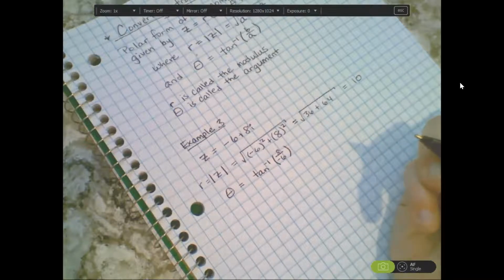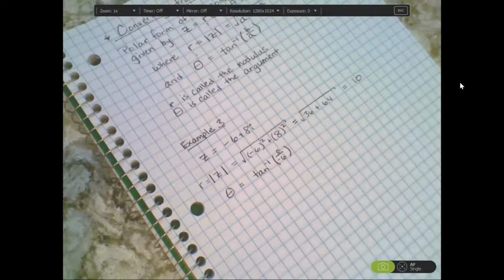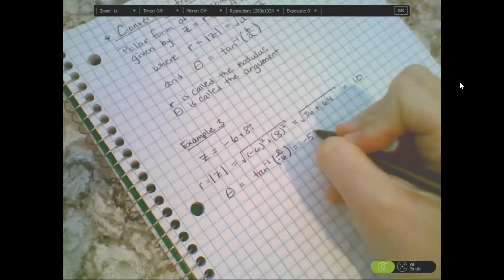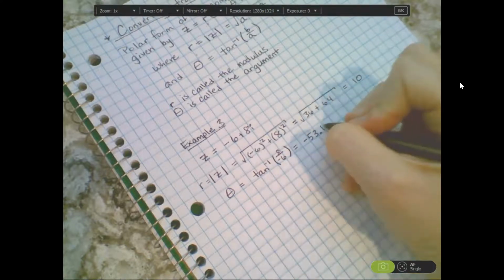It looks like we're in radians. Does it matter which one we're going to be in? I think it matters. Let me get my calculator. Let's do this in degrees. Let me see what mode I'm in. I'm going to switch my mode. Okay, so if I do inverse tangent of 8 divided by -6, I get -53.13.